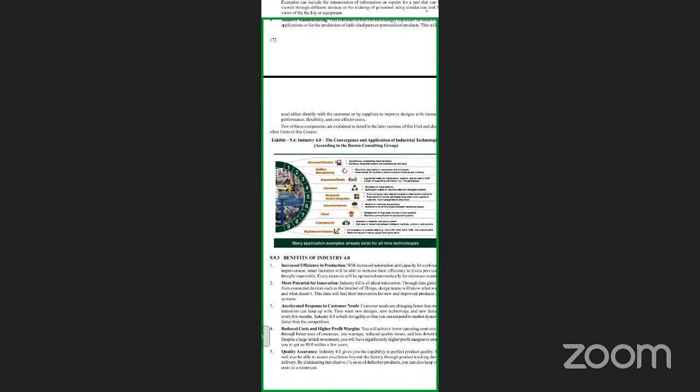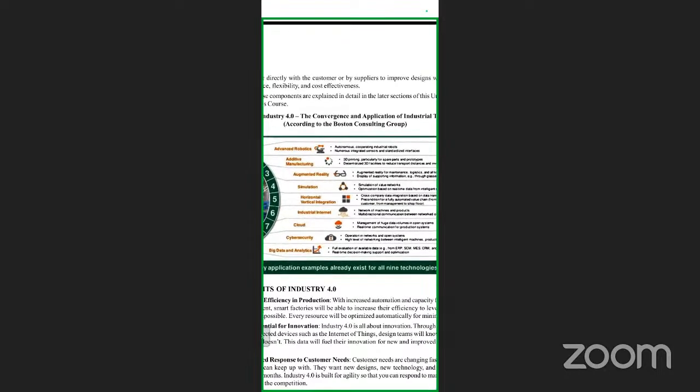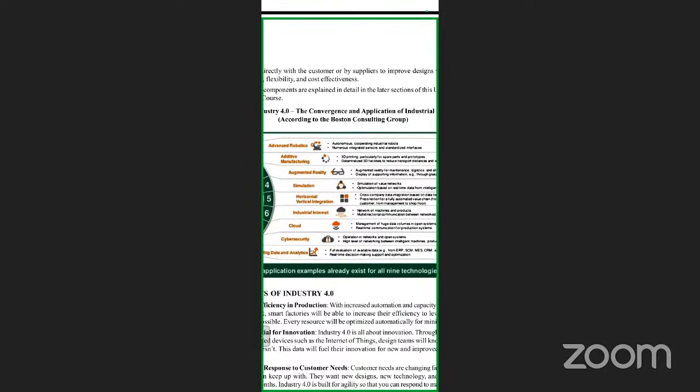There are many application examples that already exist for the nine technologies. Advanced robotics talks about autonomous or cooperating industrial robots, and additive manufacturing, that is 3D printing, and augmented reality for maintenance or logistics, and simulation is for simulation of value networks.